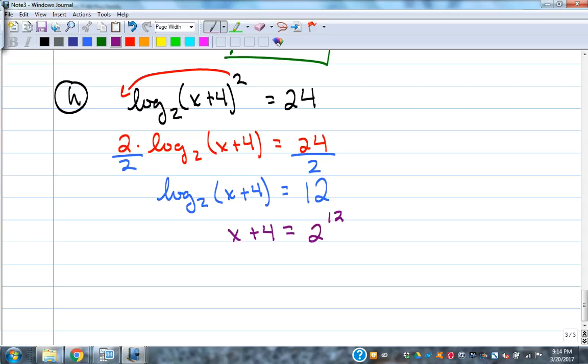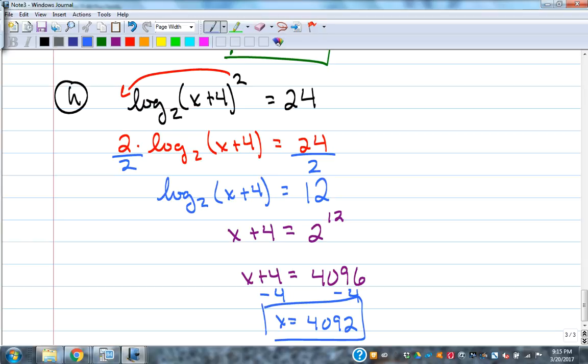How much is 2 to the 12th? 4,096. Subtract 4. 4,092. Pretty smart looking problem, not too hard to solve, right?